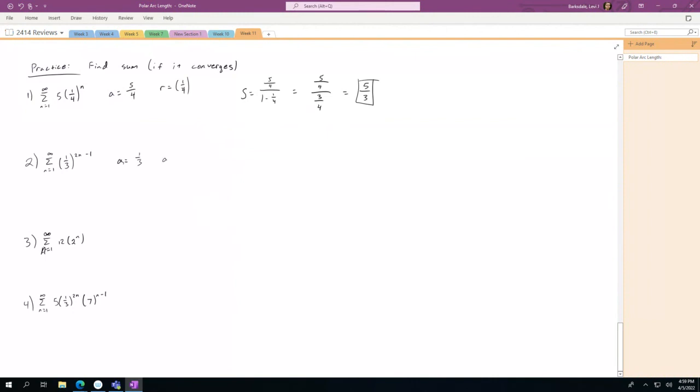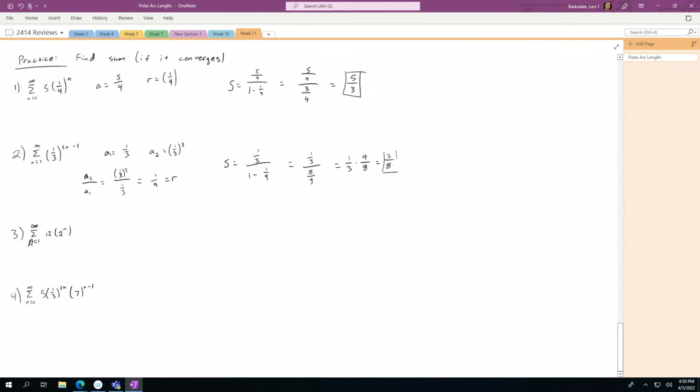Our second term would be 1/3 to the 4 minus 1, or 1/3 cubed, which means a sub 2 divided by a sub 1 gives us our ratio: 1/3 cubed divided by 1/3, which is 1/3 squared, or 1/9. Now our sum is a over 1 minus r, so 1/3 over 1 minus 1/9, which is 1/3 over 8/9, or 1/3 times 9 over 8, which is equal to 3/8.